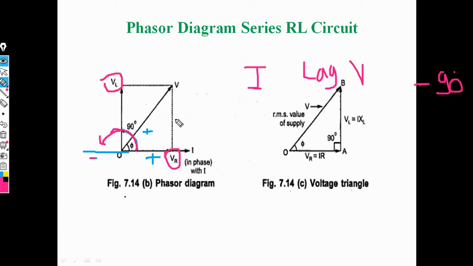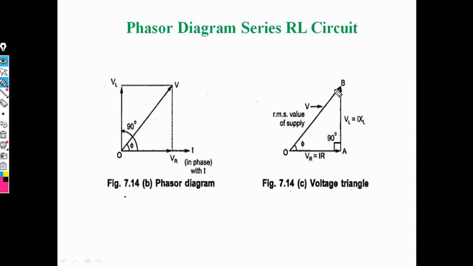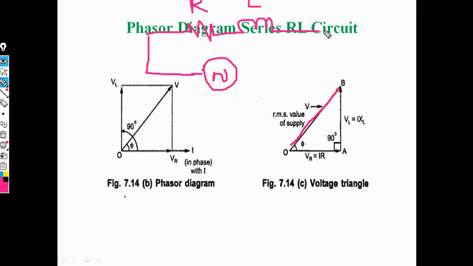Now this is the phasor diagram for VR and VL. This phasor diagram will be converted into a voltage triangle diagram. Here this is the supply voltage V. For example, this is the circuit diagram I have drawn: this is the R, L, and here the supply voltage. Then here VL and here VR.